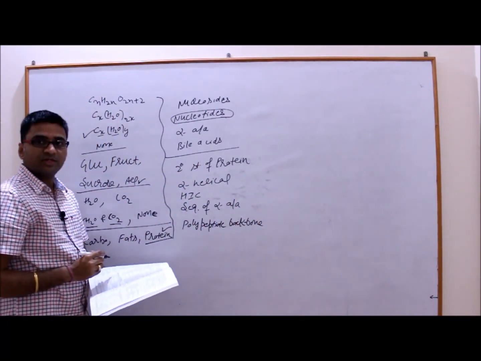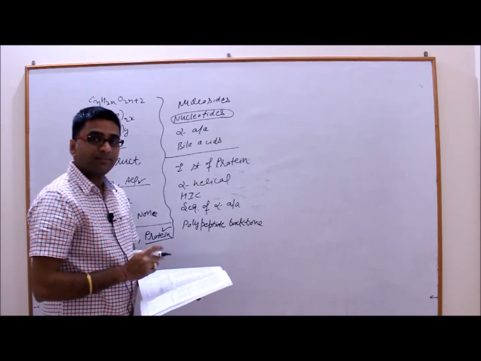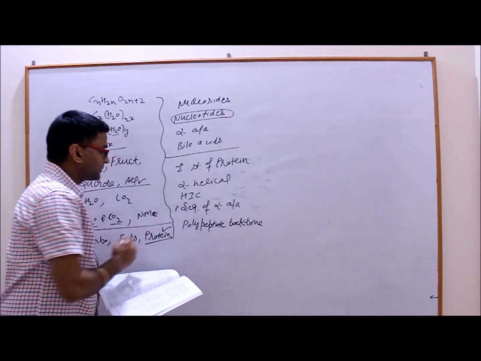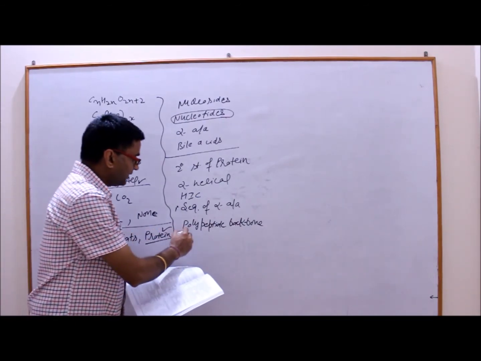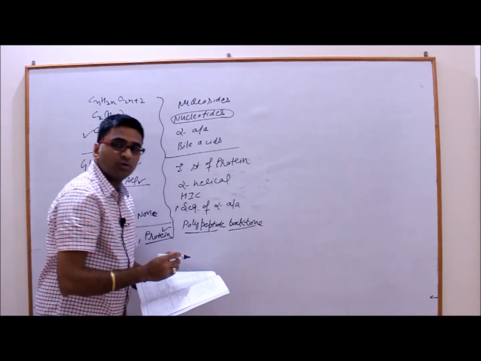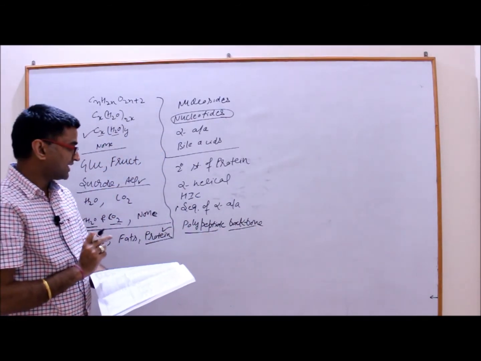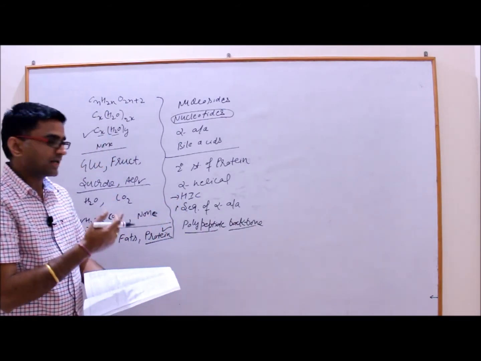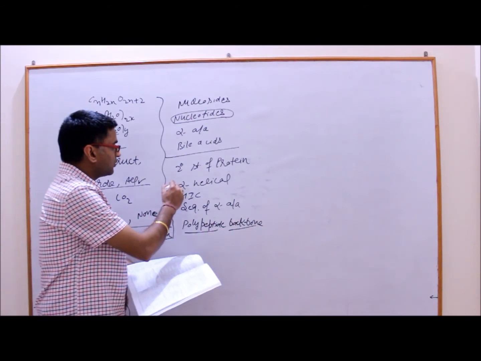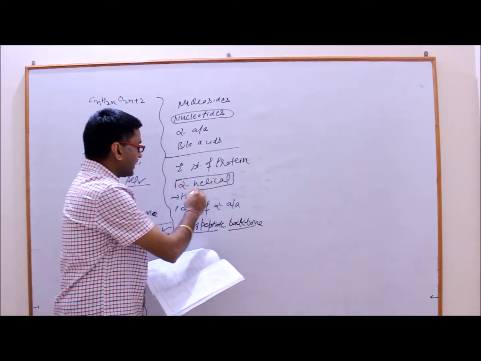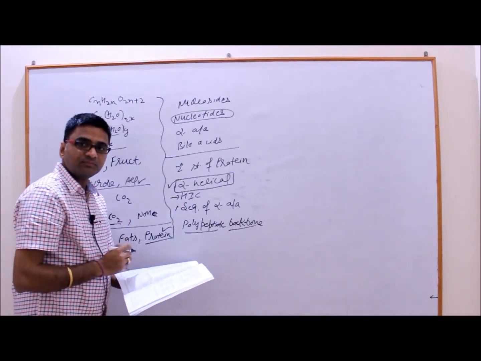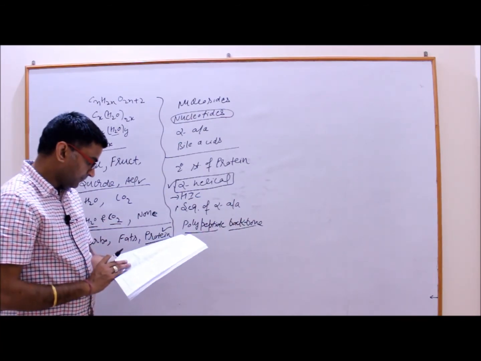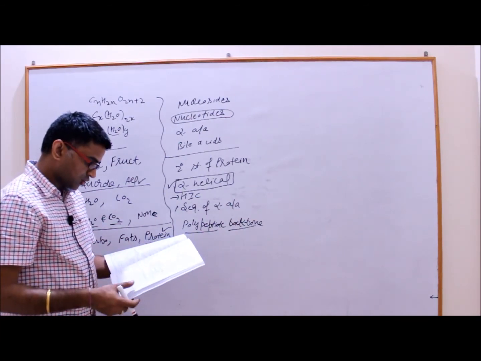So what is the secondary structure of protein? We know that primary structure is just the sequence. Polypeptide backbone is just the formation of C double bond O and NH, and hydrophobic interaction is just a force of attraction. So the answer left is only alpha helical as a secondary structure, in which the other form is beta pleated.